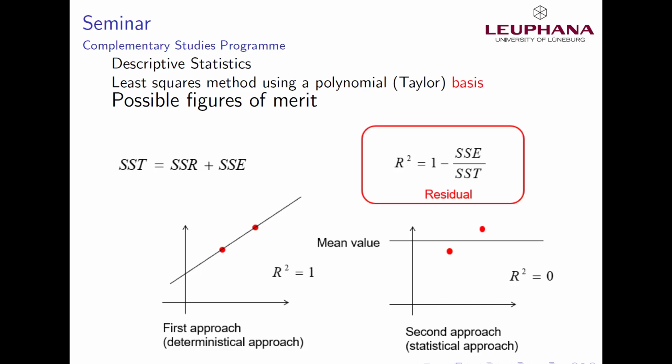Left and right, R square equals 1. I will meet all points. This means, as I told you, SSE equals 0. SSE equals 0 because we can see from here.